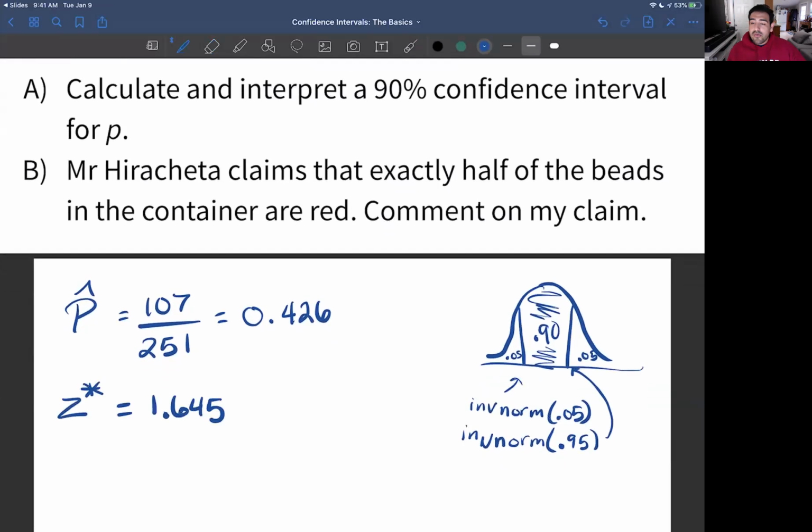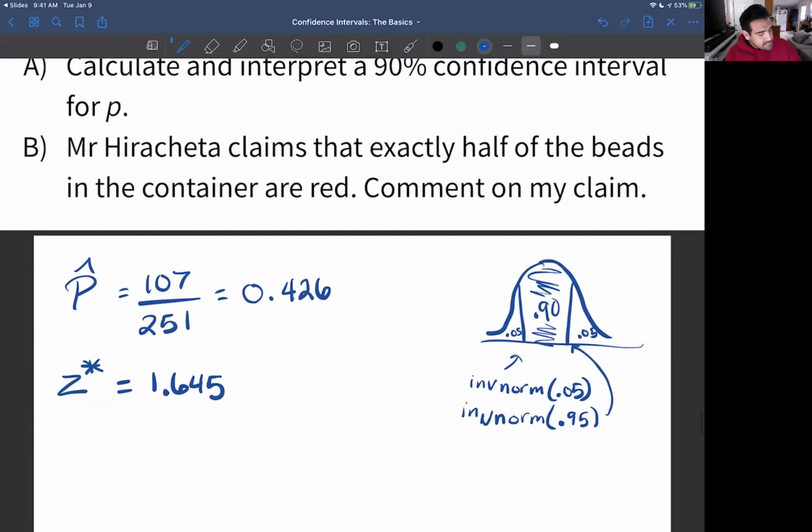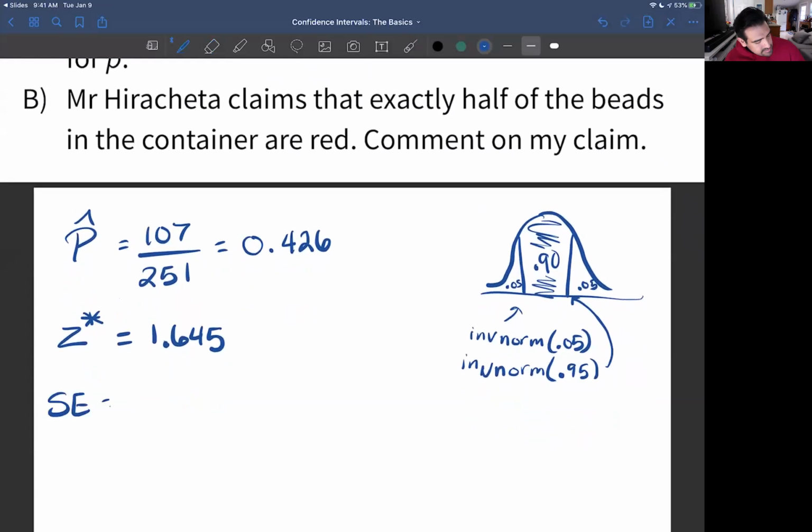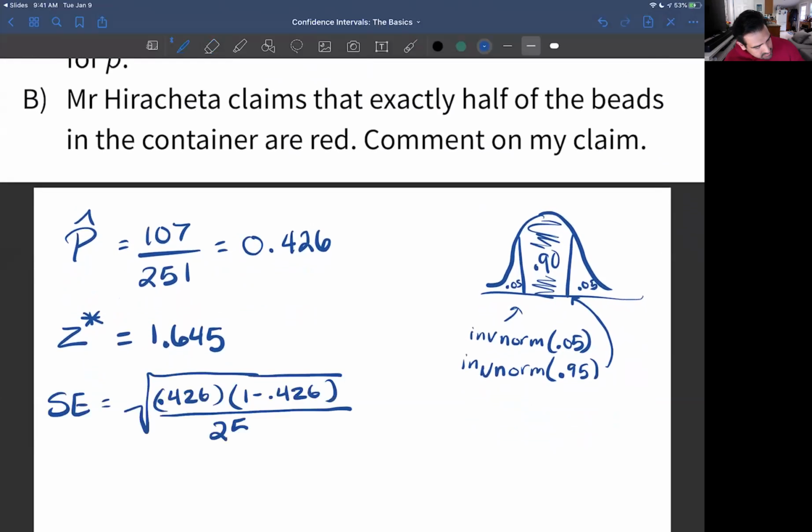Now I want to construct my confidence interval. I need to use the standard deviation of the statistic. We know the standard error is equal to the square root of 0.426 times 1 minus that, all divided by my sample size of 251. And we'll plug that into the calculator later.